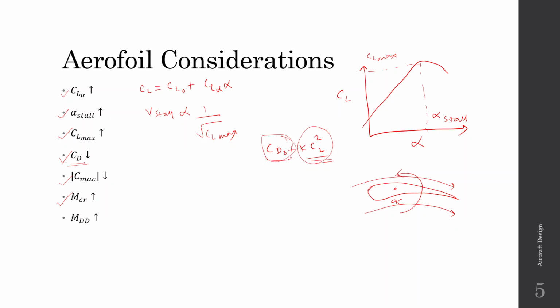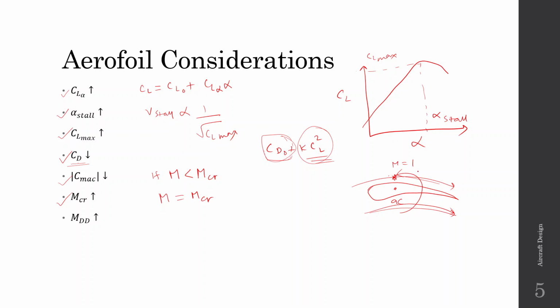Then we want critical Mach number to be higher. Critical Mach number indicates the Mach number where the flow above the wing becomes supersonic. If the Mach number is less than MCR, then the whole flow along the aerofoil is subsonic. But if M is equal to MCR, then at some point along the aerofoil, the flow is supersonic.